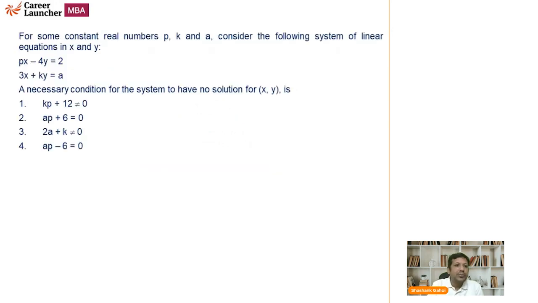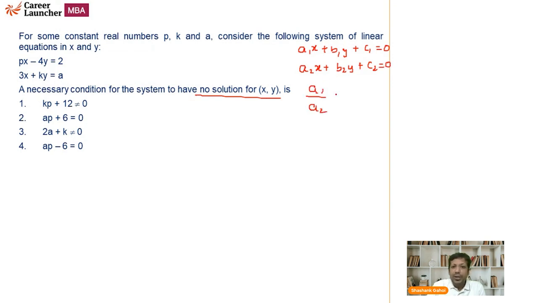What does it say? Question number 14. For some constant real numbers p, k, and a, consider the following linear system, with the necessary condition that it has no solution. So if I have linear pairs a1x plus b1y plus c1 equal to 0, a2x plus b2y plus c2 equal to 0, what is the condition for no solution?